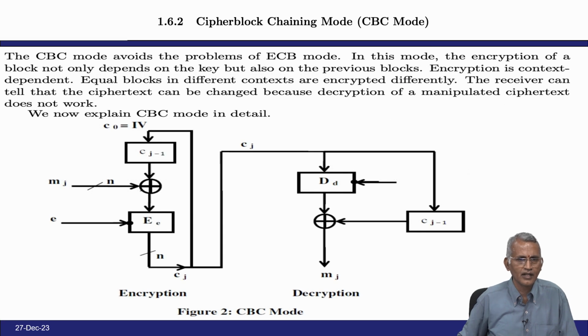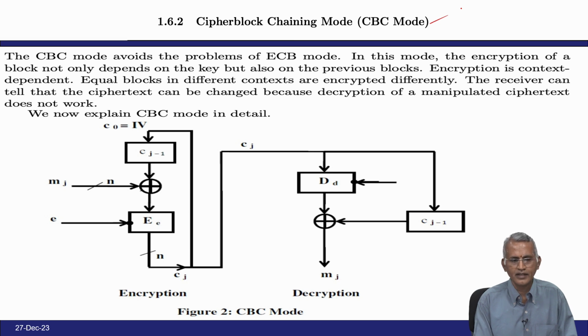Now, we have a pictorial representation of encryption and decryption using cipher block chaining mode, called CBC mode. CBC mode avoids the problem of ECB mode. In this mode, the encryption of a block depends not only on the key, but also on the previous blocks.